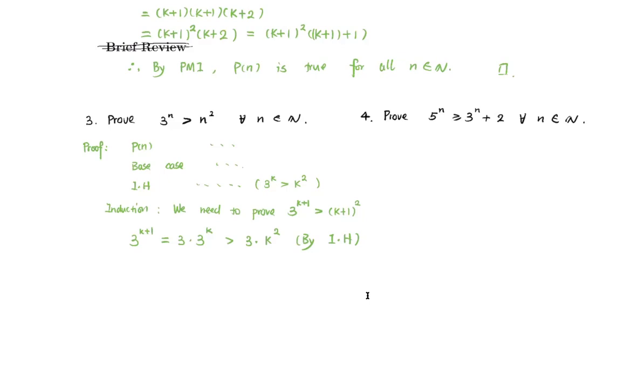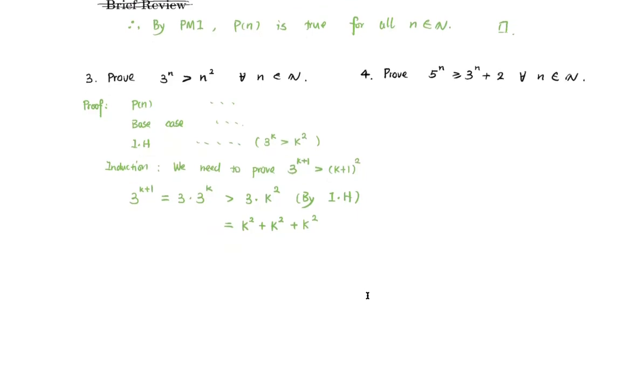Okay, makes sense. So let's continue. 3 times k squared can be written as k squared plus k squared plus k squared. Now do you agree with me?